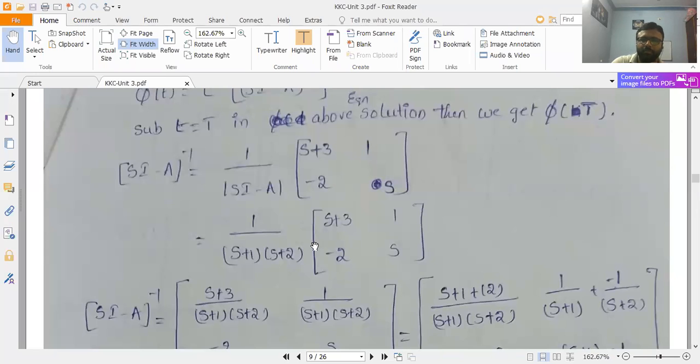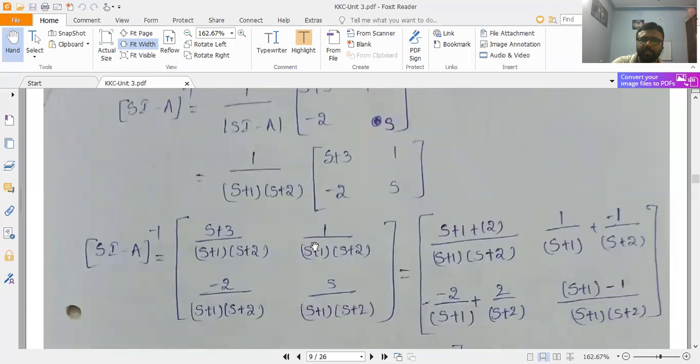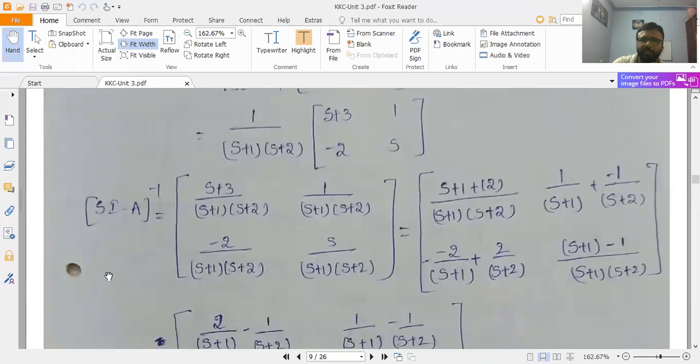Previously we have calculated the modulus of sI minus A, it is (S plus 1) into (S plus 2), and this is the matrix. So sI minus A whole inverse is going to be obtained by multiplying this inside.